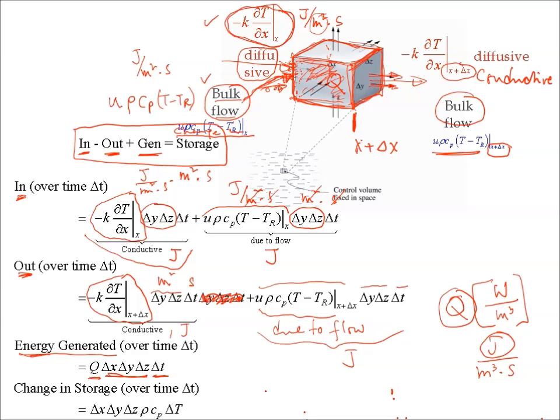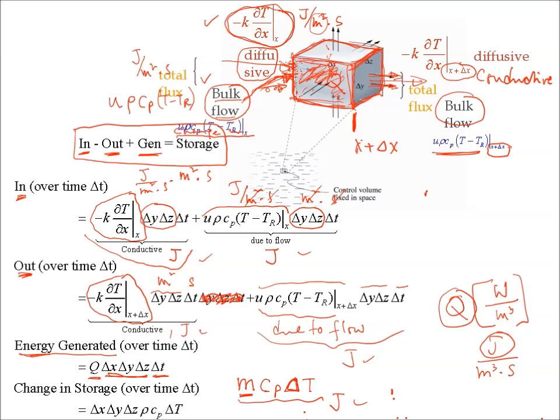So change in energy content of this mass is something that you already know. It is m Cp delta T, mass of that volume times specific heat times delta T, and delta T being its change in temperature. So the unit for this is also joules. So everything is consistent. All the joules are consistent.